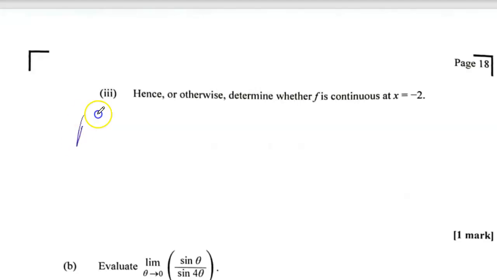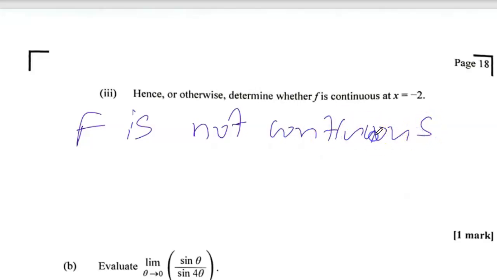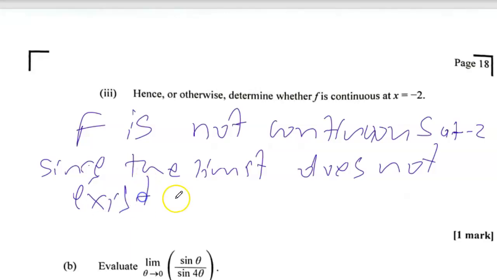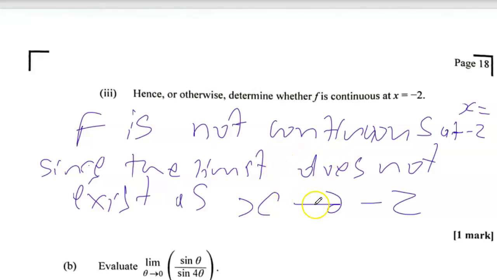So the conclusion, f is not continuous at x equal negative 2, since the limit does not exist as x approaches negative 2.